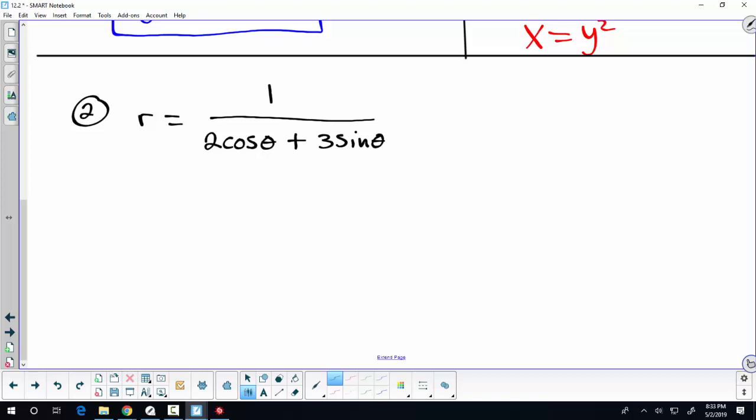Partial fractions would work if we had a product of stuff on the bottom there. So we just do what we always do with fractions.